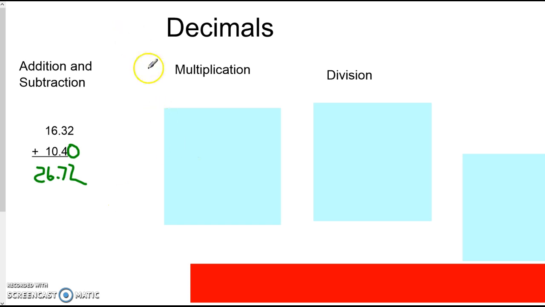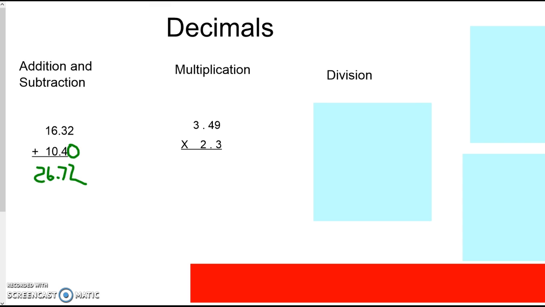Now the next part we're going to go over is multiplication. Multiplication is pretty easy as long as you can remember the steps. As long as you know how to multiply, you can multiply by decimals very easily. All I'm going to do right here to start with is count how many decimal places I have.